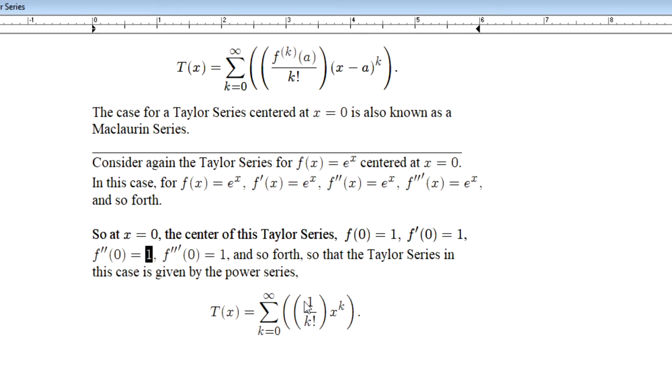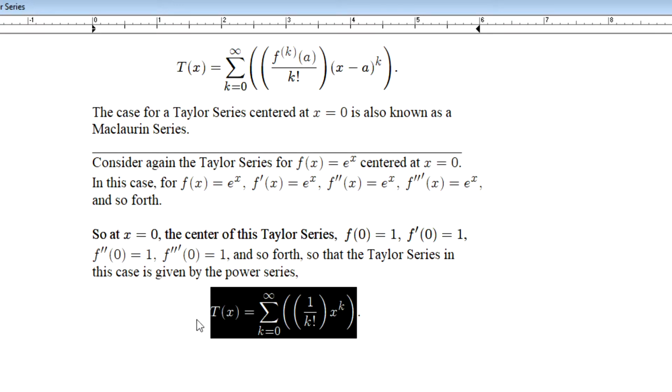So down here, f kth derivative at a will always be 1 in this pattern. So we replace that with 1, and we're left with just 1 over k factorial as our coefficient c sub k, times this quantity x minus a raised to the kth power, or here x minus 0, or just x raised to the kth power.